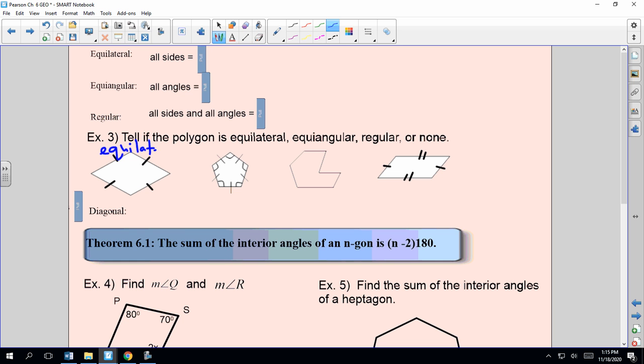We don't know on the angles, so just the sides are equal, it's equilateral. This next one has sides and angles marked as equal, so this is regular. The next one is none of the above, looks like Pac-Man. There are no sides equal, no angles equal. And the last one has neither sides nor angles equal, so this is none.